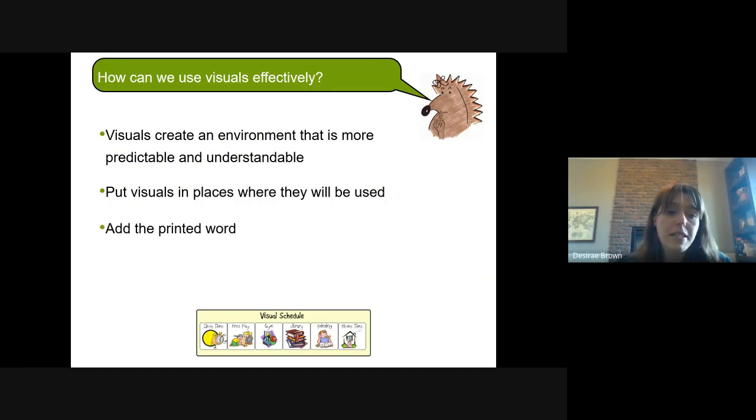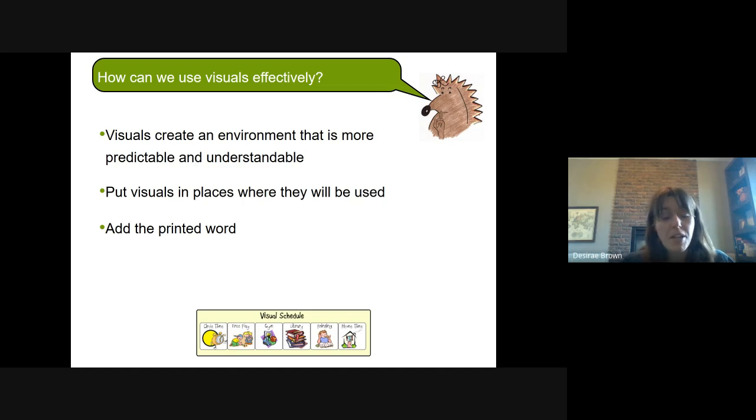It's also a great idea to add the printed word. Even though your child might not be able to read yet, by having the printed word there, it kind of scaffolds them and teaches them those skills, like they start to recognize those letters and those words that go with the pictures. So it's kind of a way of introducing them to some of those literacy skills and helping them to remember, as well as they get older or more advanced with their reading skills, you might find that the written word is enough.